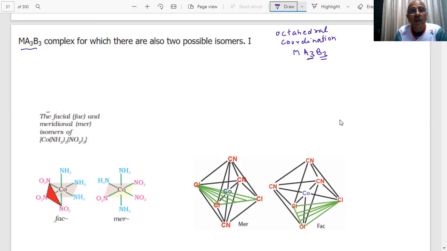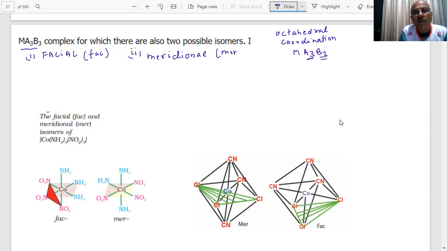Very important point. They show, students, one called the facial or fac isomer, and the second isomer, which has been asked in the paper, important, is called the meridional or mer isomer.